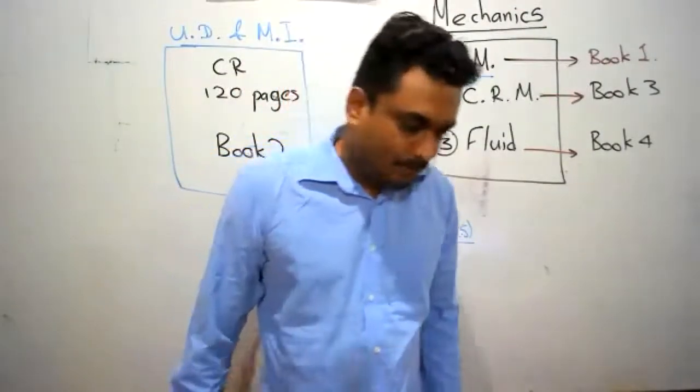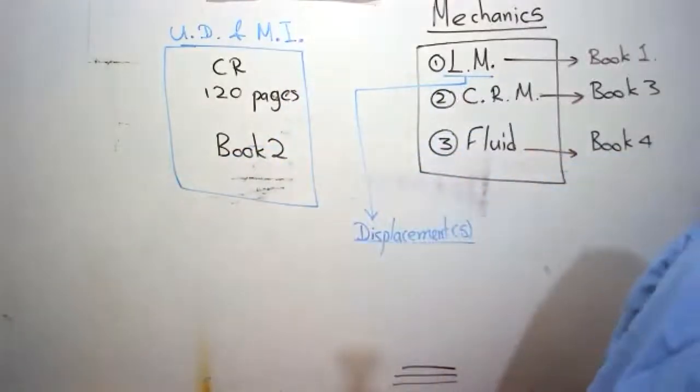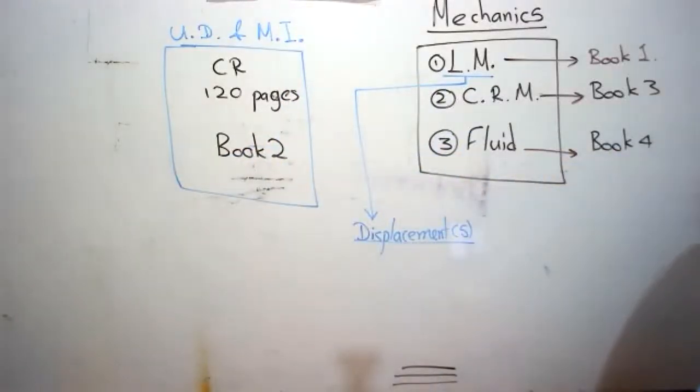Displacement is the shortest distance between any 2 points in the universe or in a given space. Okay, dear?